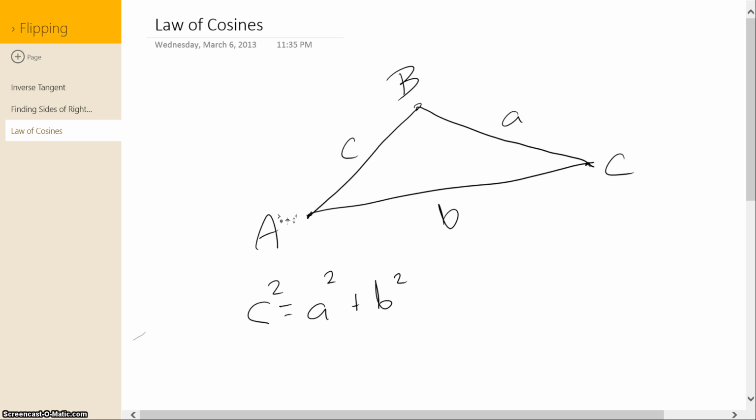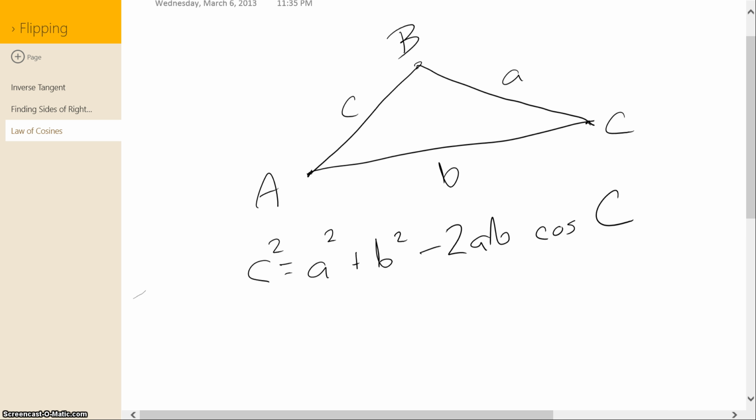Well, this part kind of looks familiar, right? But this is not a right angle here. This could be any angle, any triangle that we're looking at, minus 2ab times the cosine of big C.